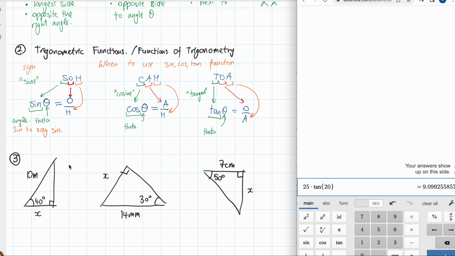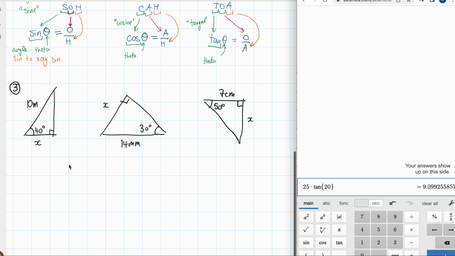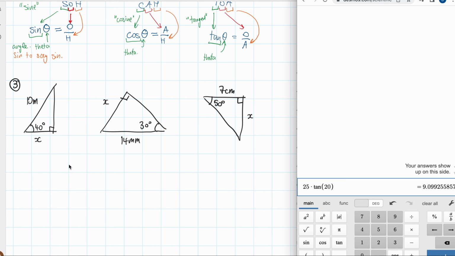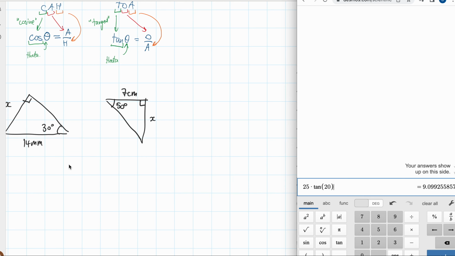So here we have our 3 triangles, and what we're going to do is make a bit of a mnemonic for each one of these. Okay, so here we go.